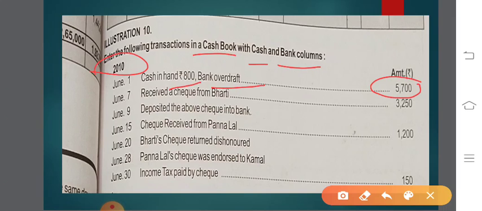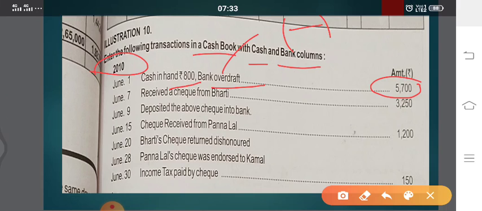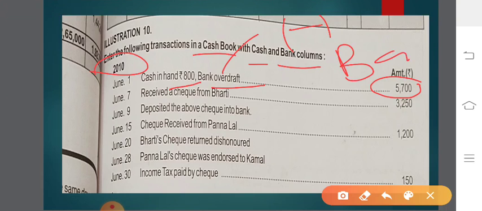I have told you earlier also that bank overdraft is a negative balance in the bank, which means you have withdrawn extra amount from the bank account. For example, you had 1 lakh in your account, but you withdrew rupees 1 lakh 5,000.